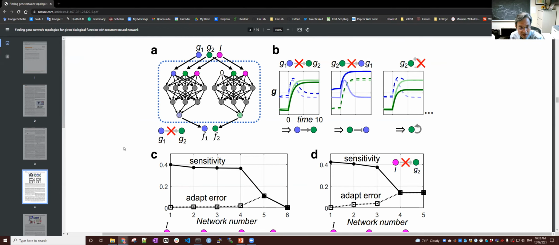If you compare this one against figure 1, you have 2 genes expression. This is figure 1. They just use one RNN to compute F1 and F2, but now we use 2 to compute F1 and F2, because this is directional, the gene network.